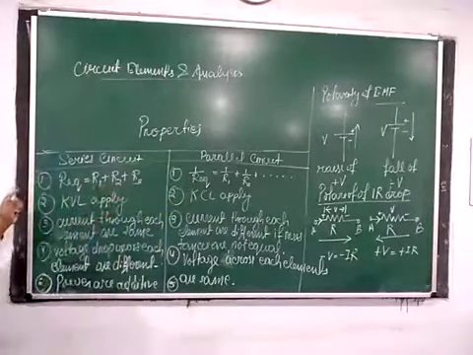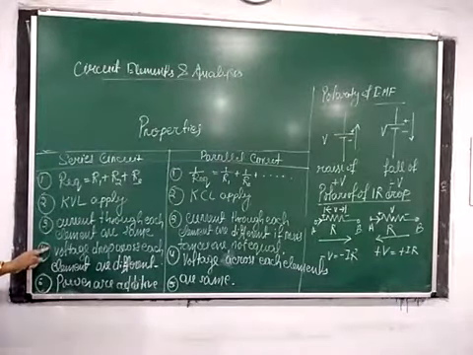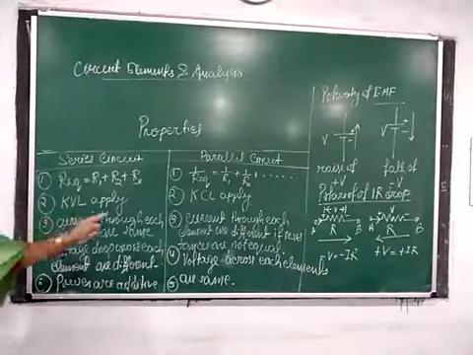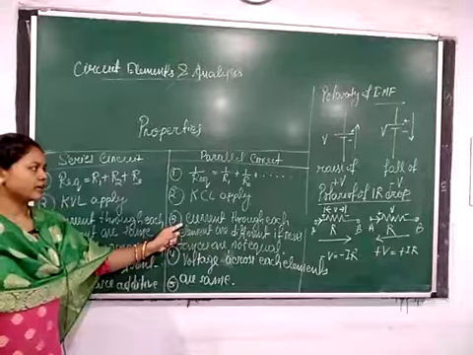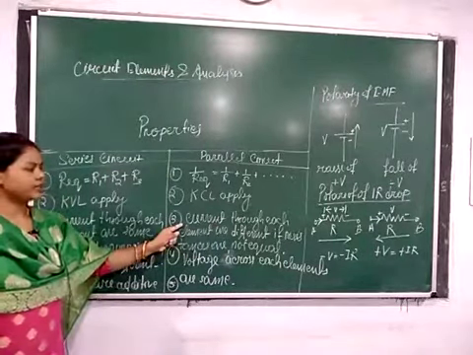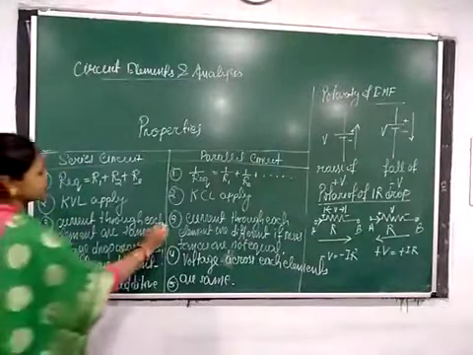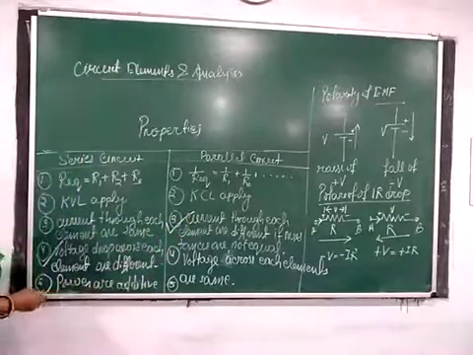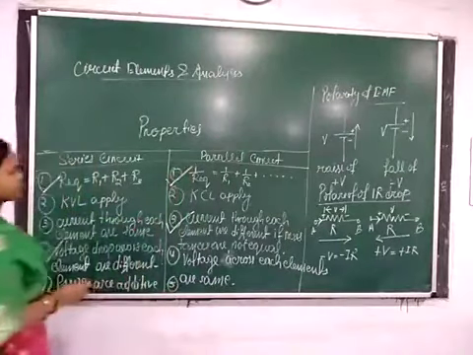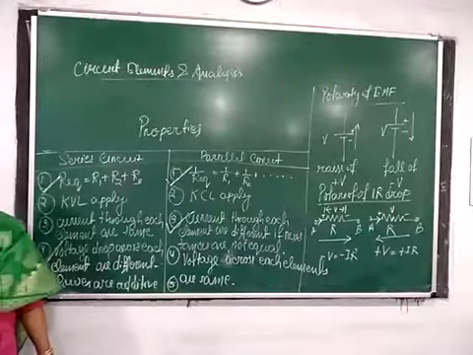Similarly, by going through the experiment, we see that voltage drop across each element connected in series is different, and in parallel, current through each element is different if resistance values are different. These 4 points: in case of parallel 3rd point, in series 1st point, in parallel 1st point. By going through the experiment, we will prove it. Thank you.